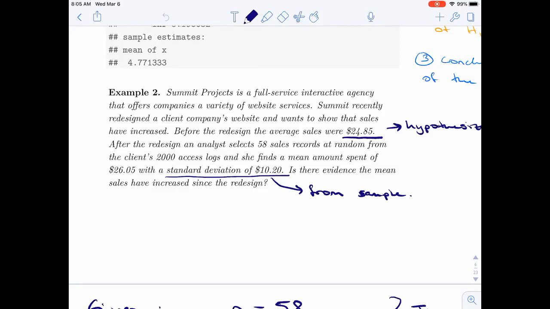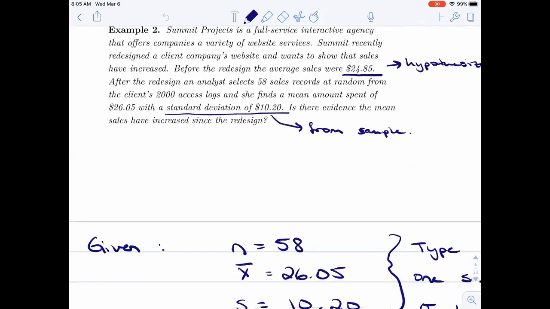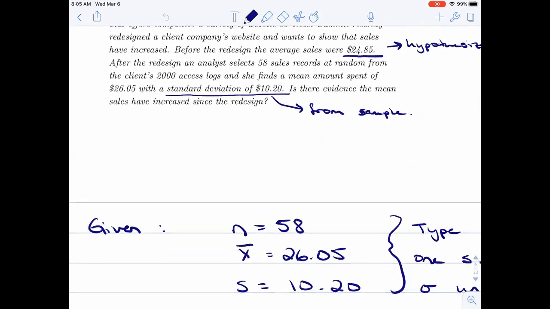All this information is from your sample. Specifically, the standard deviation is just calculated from your sample, and that's why we have sigma unknown, because we're just using our sample standard deviation.